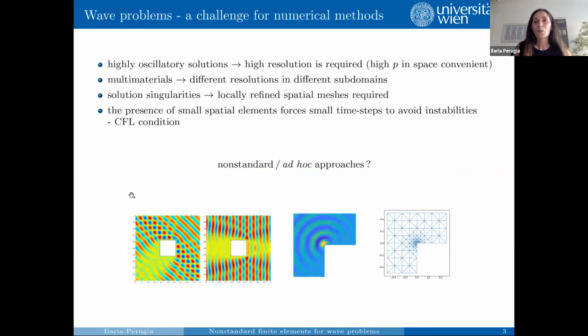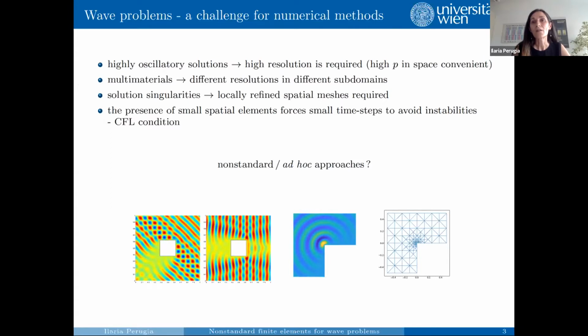So wave propagation problems are challenging for this standard setting. They have highly oscillatory solutions, which means that a very high resolution is required. Usually they're posed in complex materials, so you can have different wave velocities in different subdomains, so the resolution which is required may be different in different subdomains.